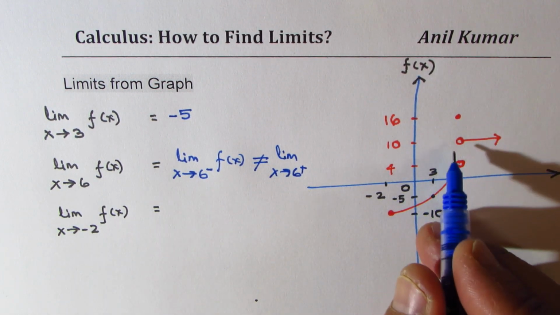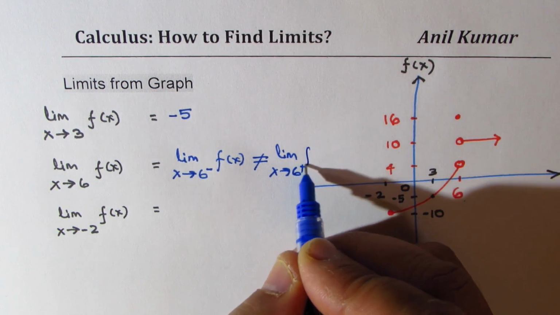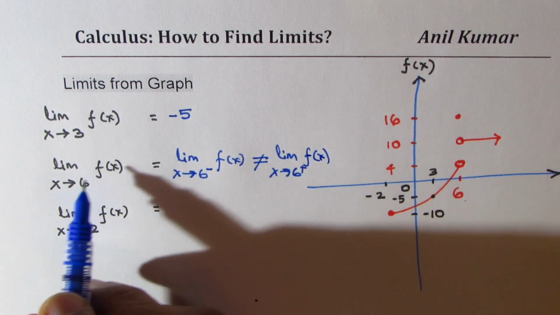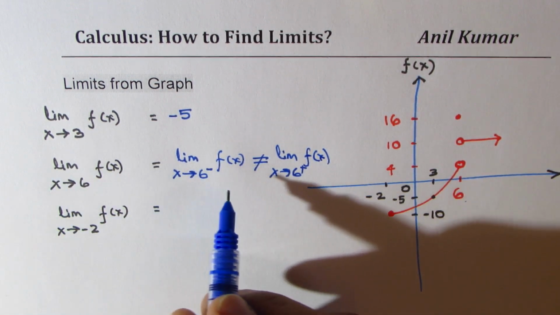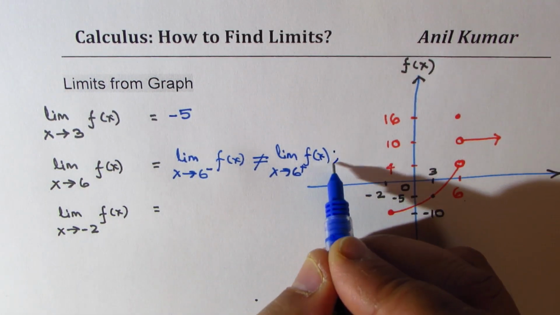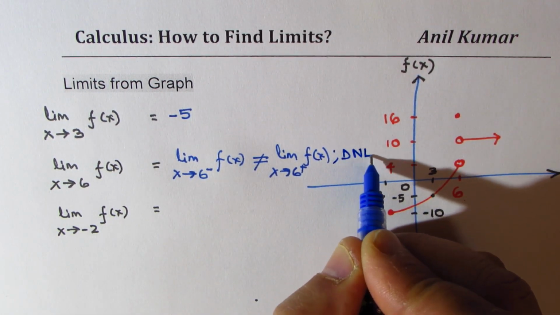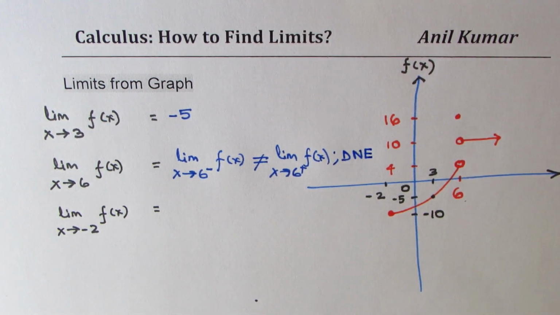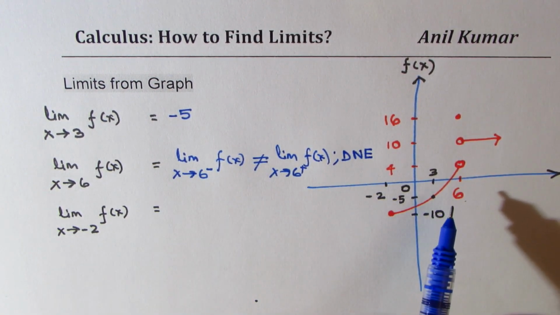So it is 4 and 10 respectively. And therefore, for the second case, the answer is does not exist, since both these limits from the left and right sides are not the same.